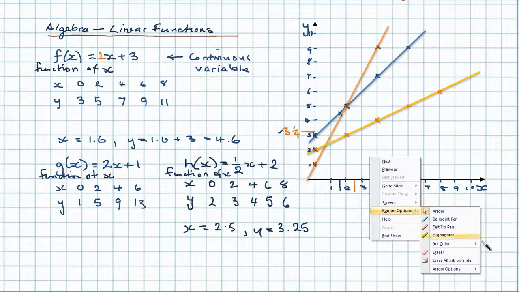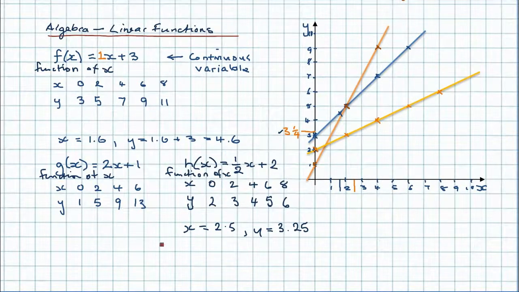First of all, let's just use a different colour here, our coefficient of x gives us how steep the line is, so that gives us an idea of what the slope's going to look like, and our constant here gives us the intersection with the y-axis.